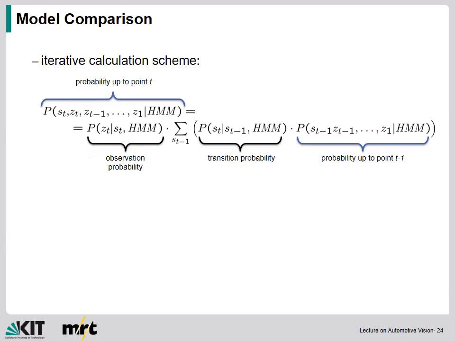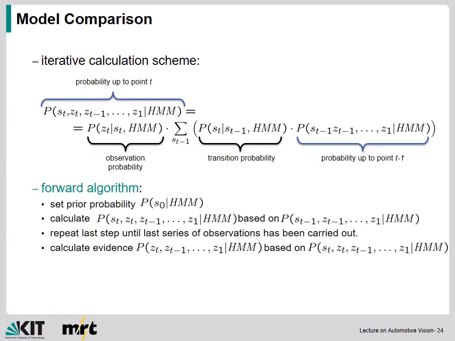So if we start with an initial guess of that kind of probability for point in time 0, then we can implement this formula in a program and execute it again and again. And in each cycle of this algorithm, we integrate another observation. And by doing that, we can calculate the whole process for a long sequence of observations.